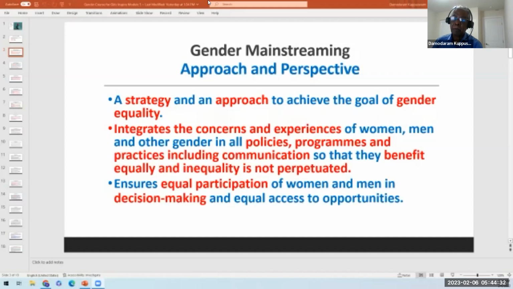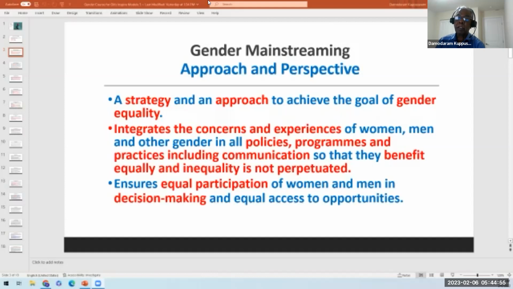It has to be seen as part of the main system. So mainstreaming is bringing anything that is treated as outside into the fold where everything exists. That's the mainstreaming.